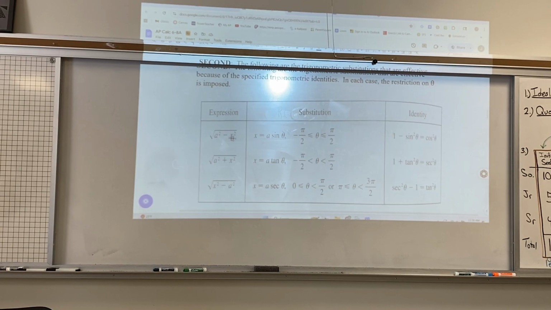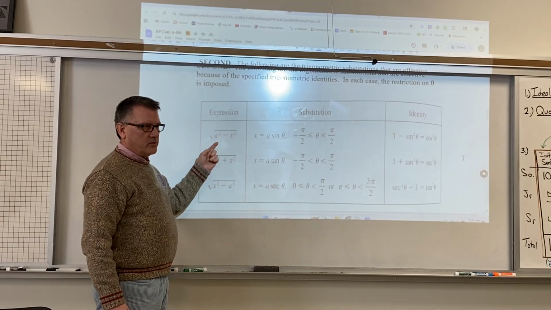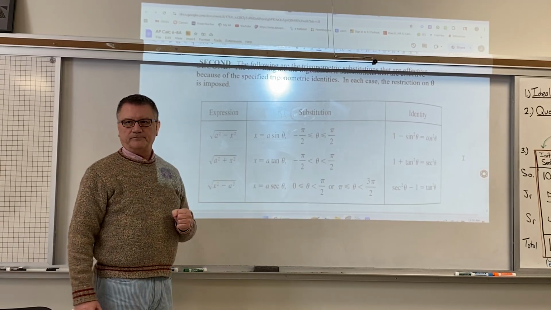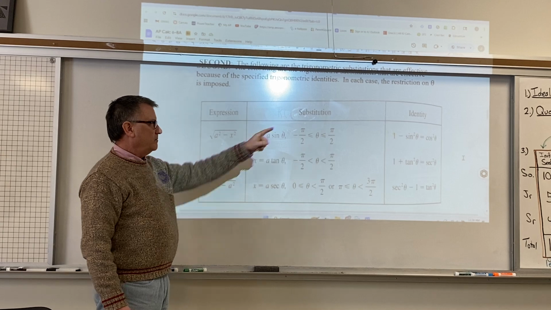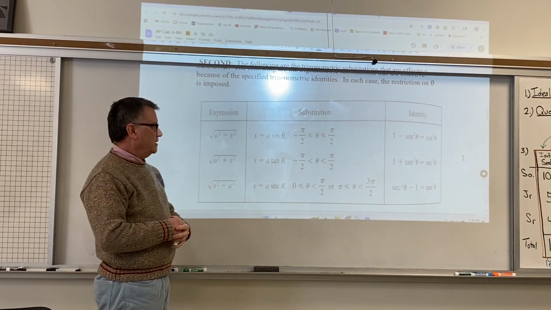So if I have something like this, the square root of two things being squared, I can do a trig substitution. Most people ask, how do you know it's trig substitution? Well, it's Pythagorean theorem oriented. That's why. And because of those ideas, we don't have time to prove them.